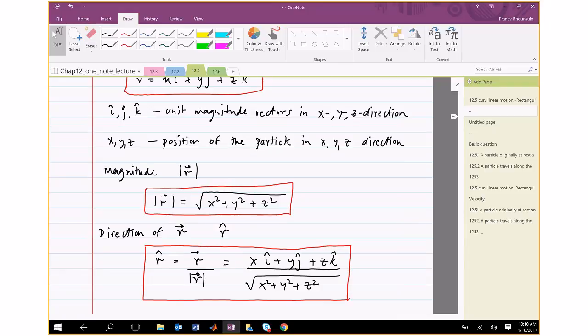Just like you can express the position as a vector, you can do the same things for velocity and acceleration. Acceleration and velocity are, in general, vectors. They have a magnitude as well as a direction.